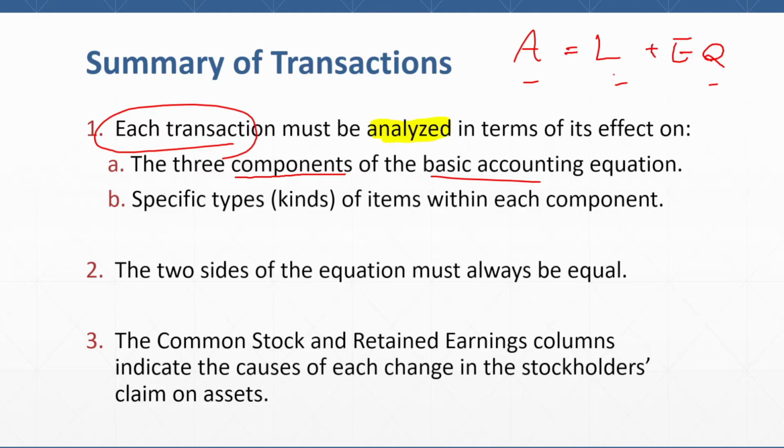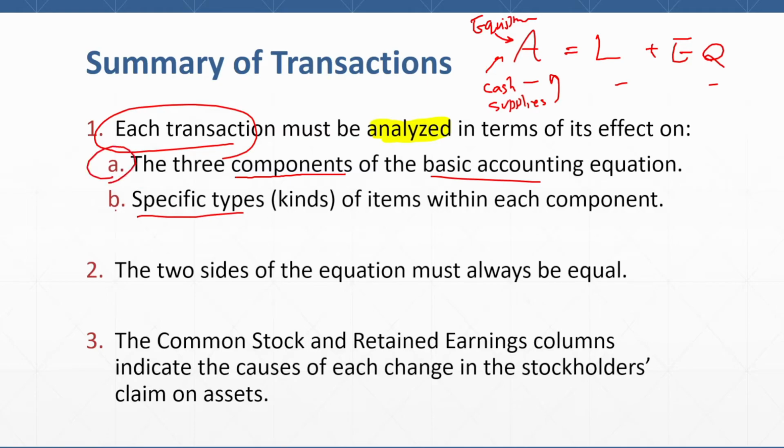And then after identifying these groups of accounts, these components, what exact account is affected within each of these components? Is it cash inside the assets, or is it supplies inside the assets? Or maybe it is equipment inside the assets.